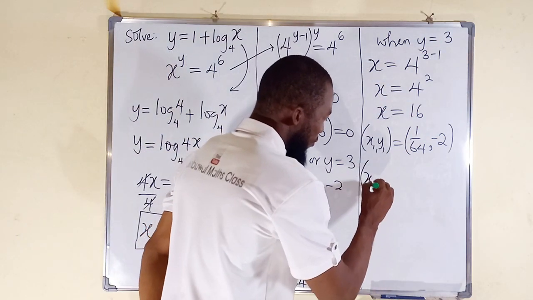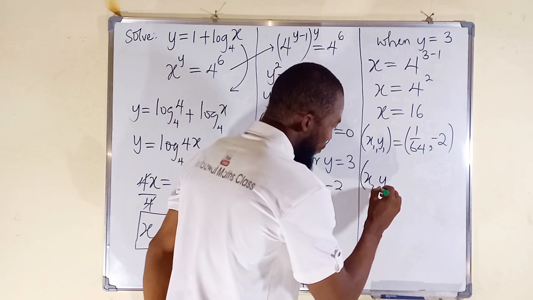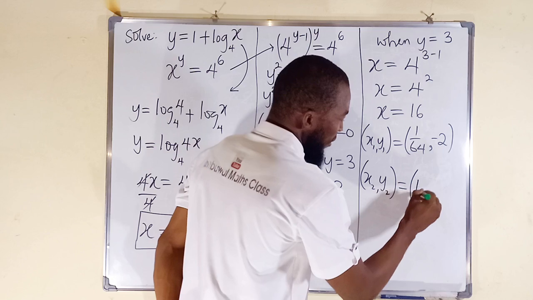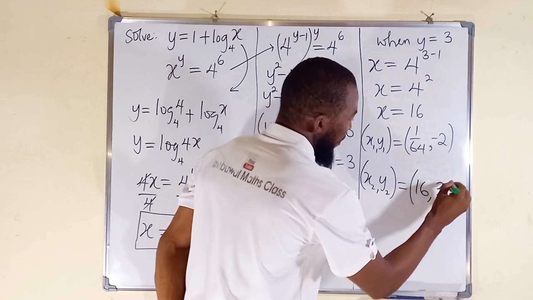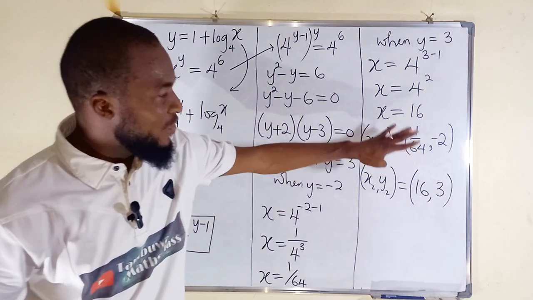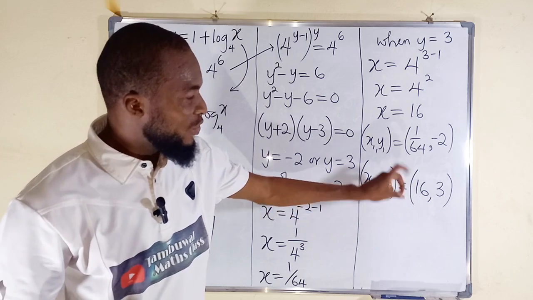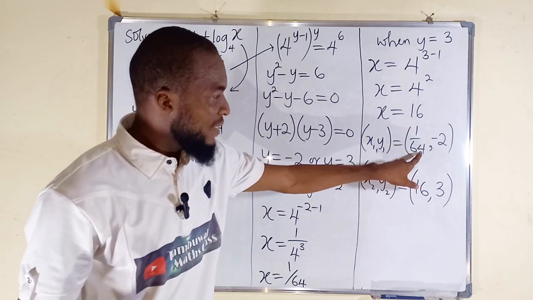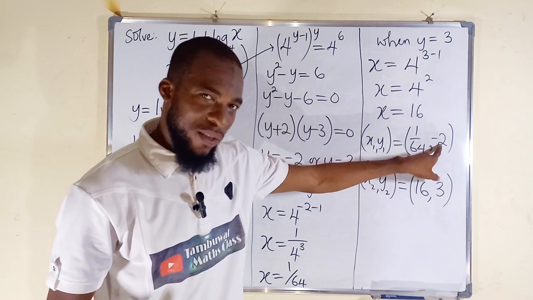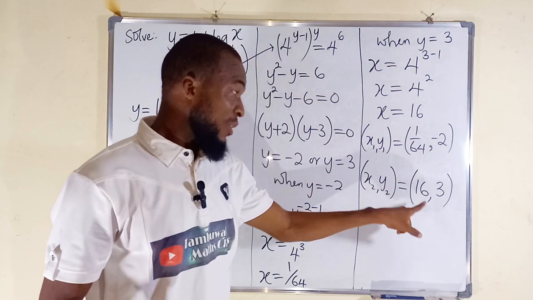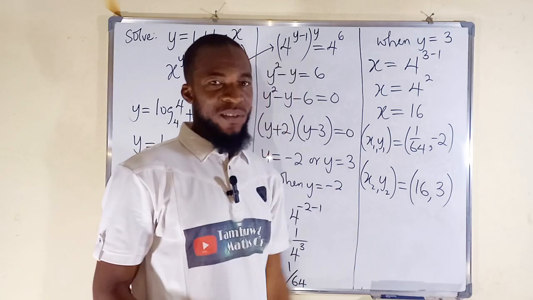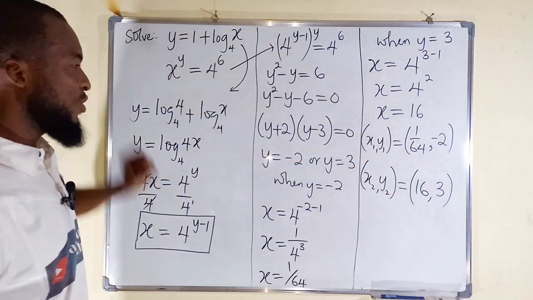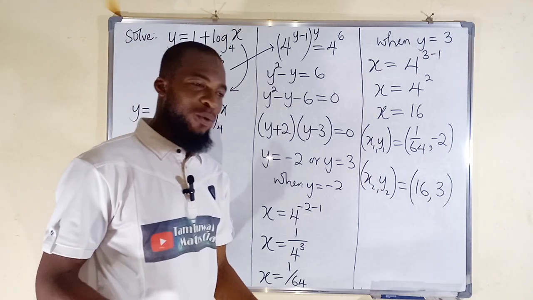So let me say x2, y2: x is 16, y is 3. So these are the right combinations. We have 2 solutions. x could be 1 divided by 64 if and only if y is negative 2. x can also be 16 if y is 3. Your assignment is to test them in the main equations to see whether they are going to satisfy or not.